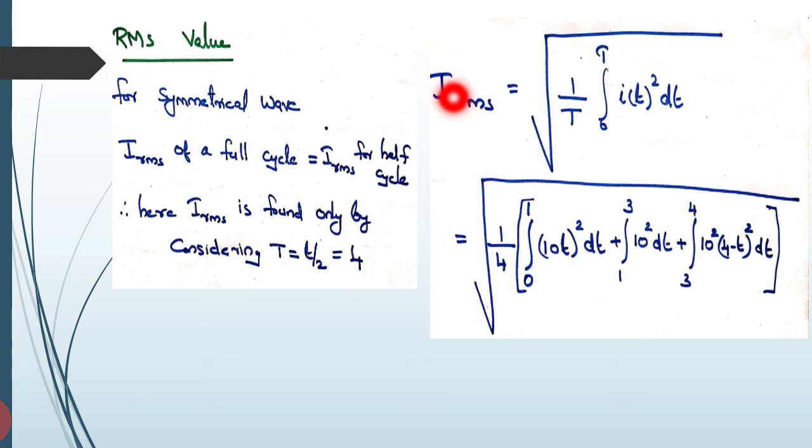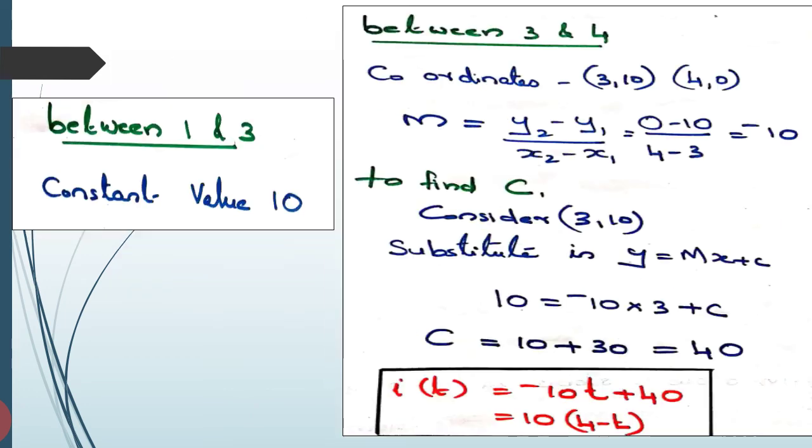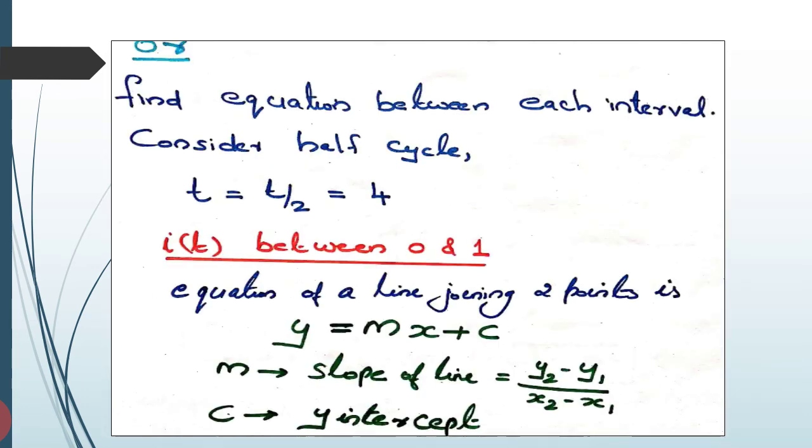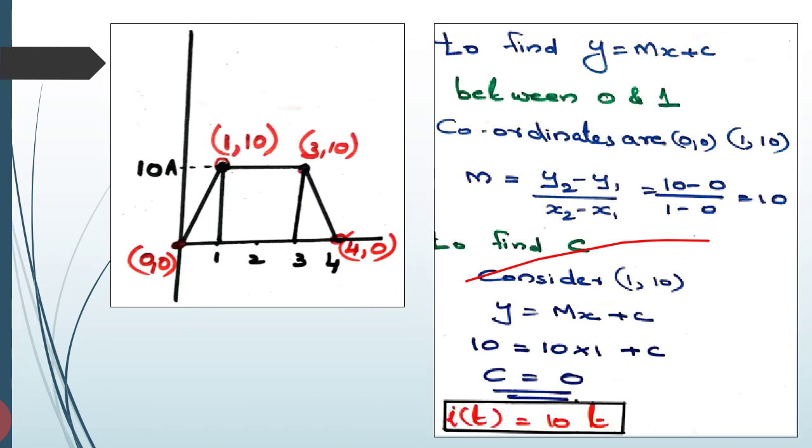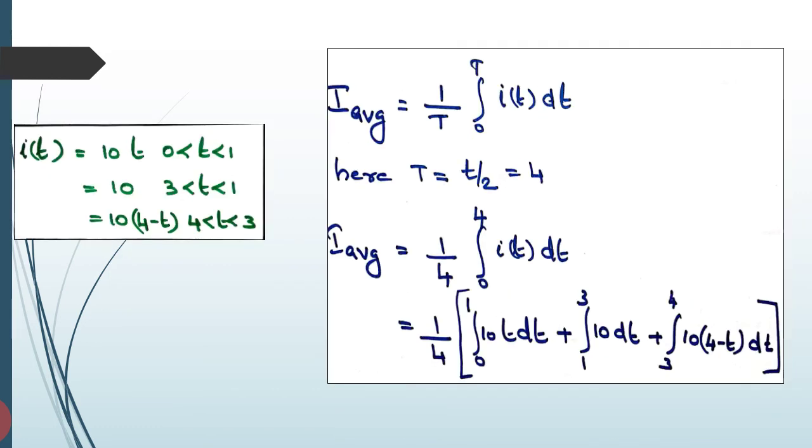Okay, so IRMS equal to root of 1 by T integral 0 to T i of t square dt. We are considering T equal to 4 here. For every interval we had found the equation: 0 to 1 we have 10t, 1 to 3 we have 10, 3 to 4 we have 10 into (4 minus t).